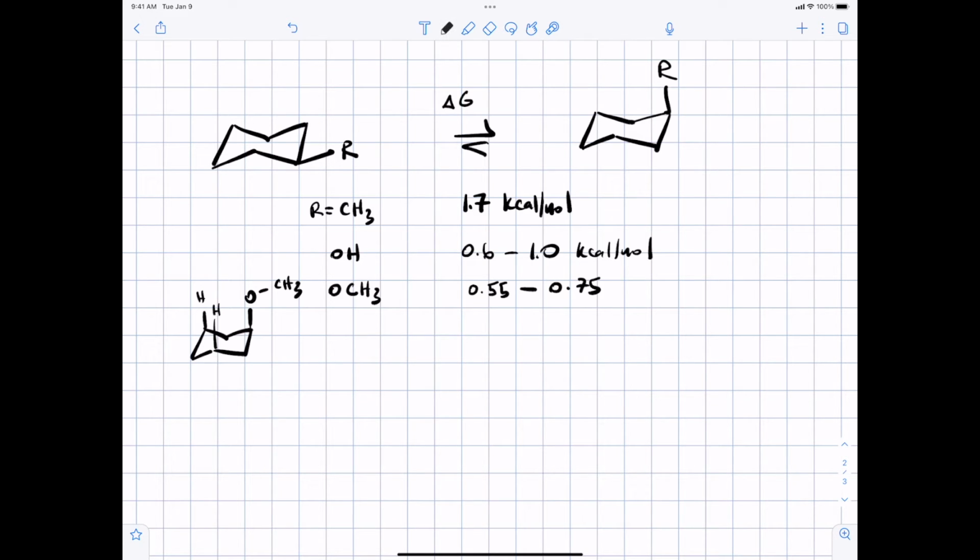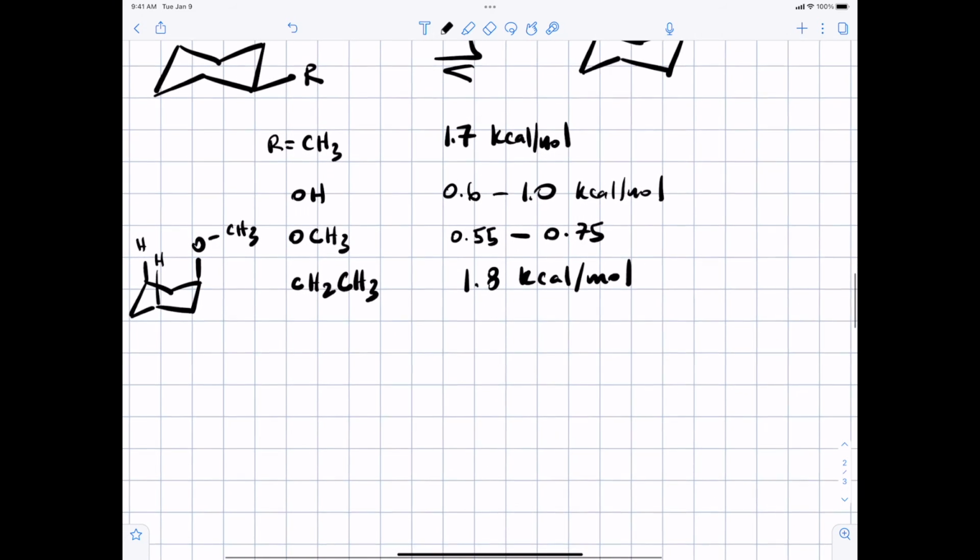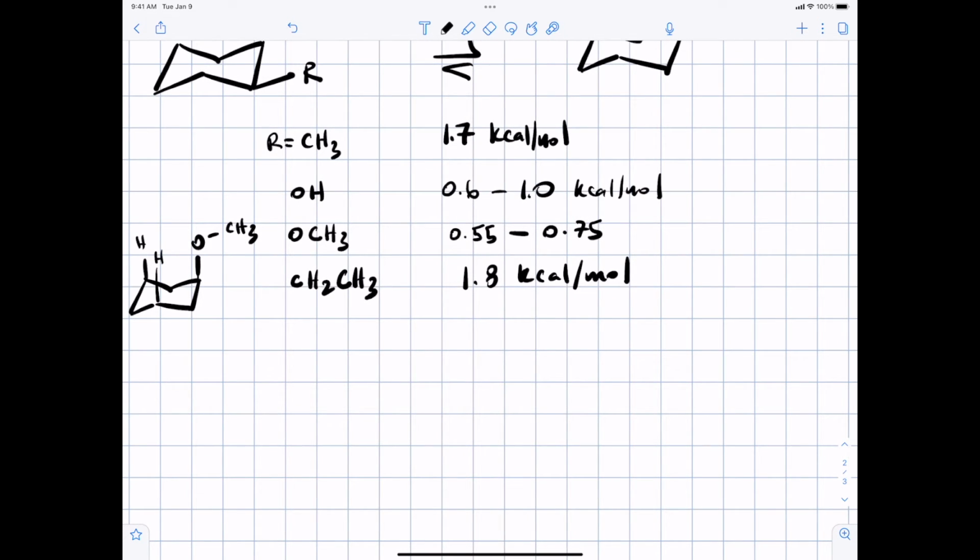Other groups that you might be interested in, let's see, an ethyl group. For the same reason, if R is CH2CH3, it doesn't really increase the delta G value for going axial very much over just the methyl group.